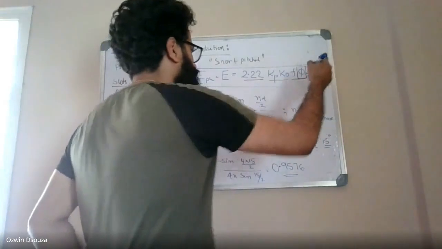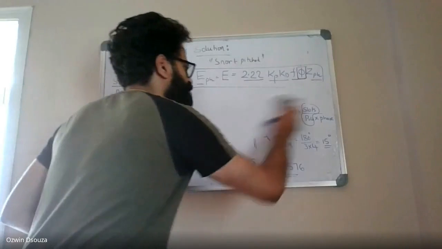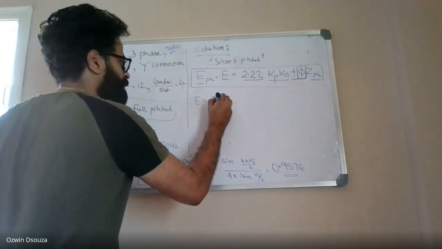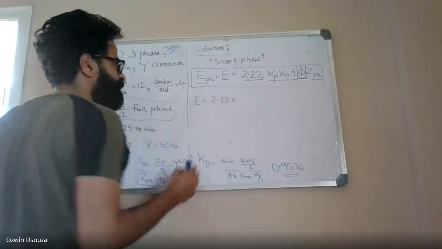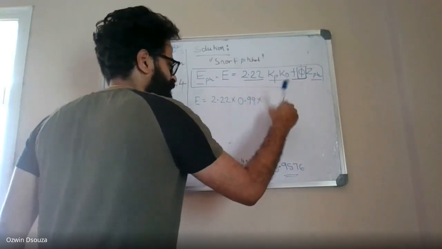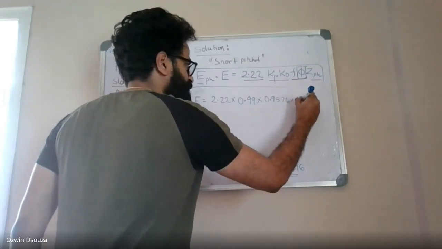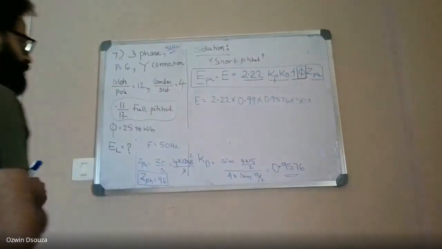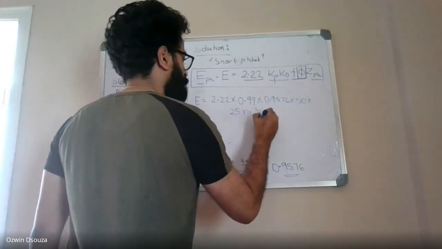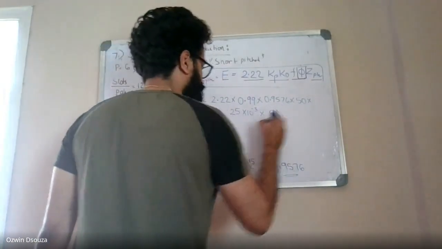Everything is obtained, so you can substitute all these values in the above equation to get E. E is equal to 2.22 into Kp, which we got as 0.99, very close to unity, and Kd is 0.9576, into frequency 50, into flux 25 milliwebers, into Z phase, which is 96.